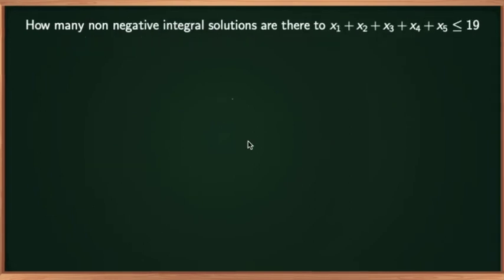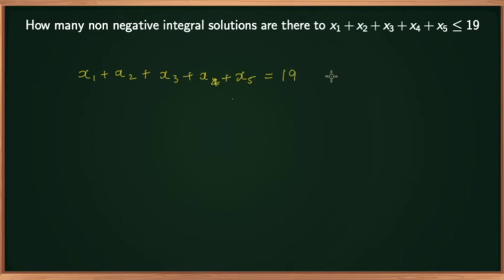How many non-negative integral solutions are there to x1 plus x2 plus x3 plus x4 plus x5 less than or equal to 90. Now this is a variation from our initial set of problems. What we have seen so far is x1 plus x2 plus x3 plus x4 plus x5 equal to a fixed number. That is the class of problem we have done. So let us say this is equal to 19.